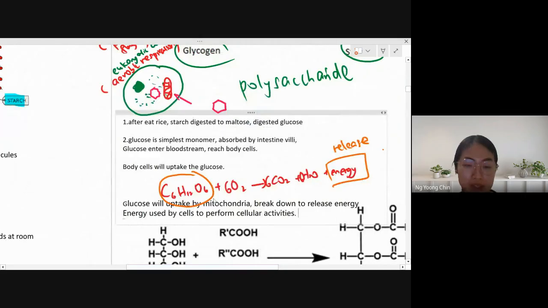Okay, so the food that you eat every day is able to provide glucose to you. So the body cell is able to get the glucose, right, to get the energy. Whenever there's excess glucose taken into your body, but the glucose is not used up by the cell, this will cause the glucose to stay in your bloodstream.